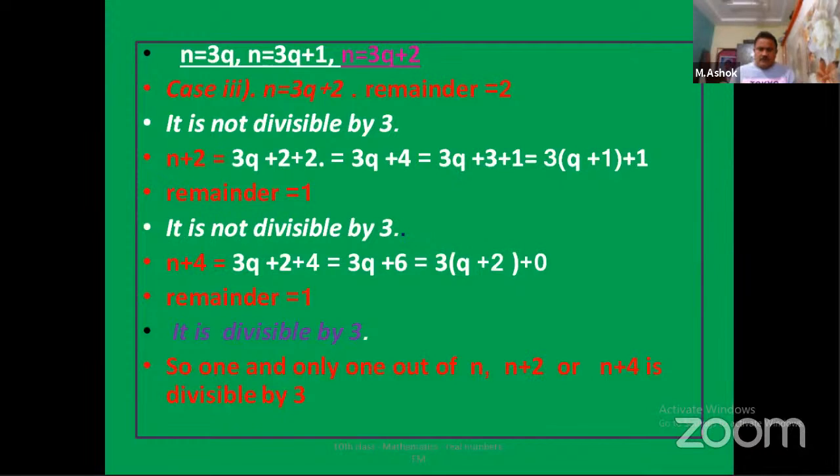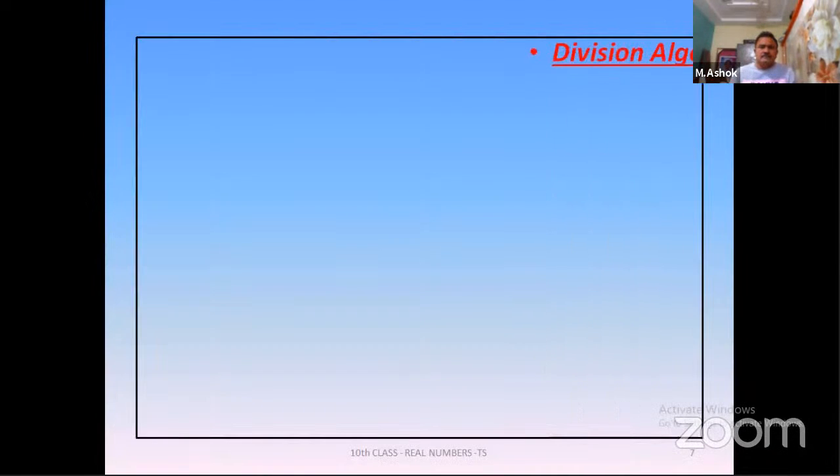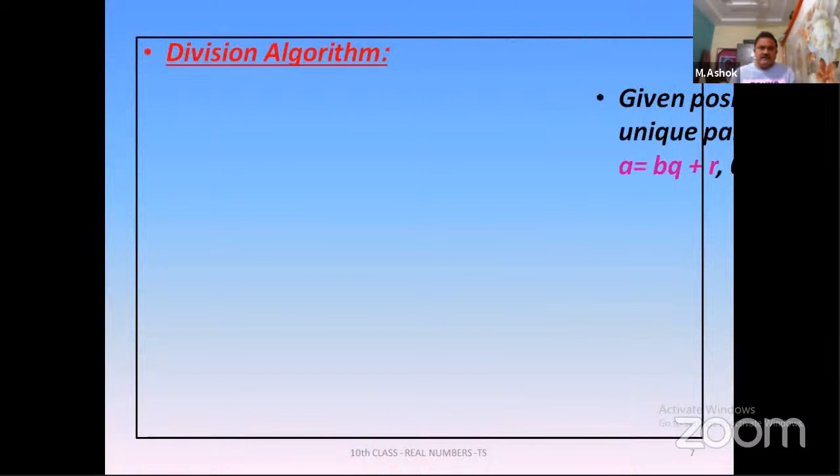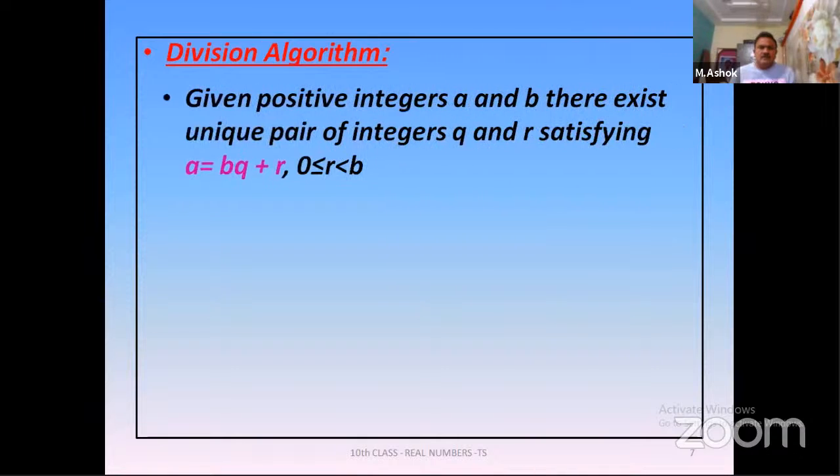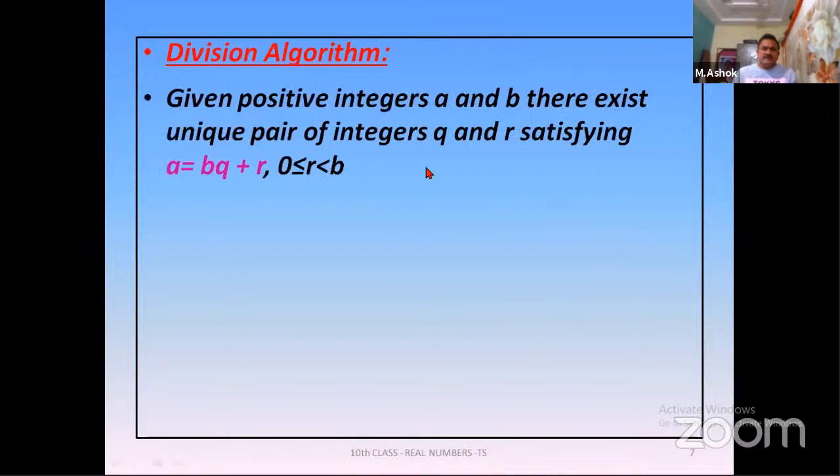Okay. Now, remember one thing once. What is the division algorithm? Given positive integers a and b, there exists a unique pair of integers q and r satisfying a is equal to bq plus r, where r is 0 less than or equal to r less than b.